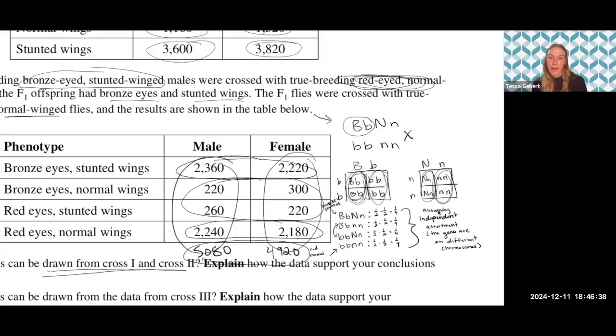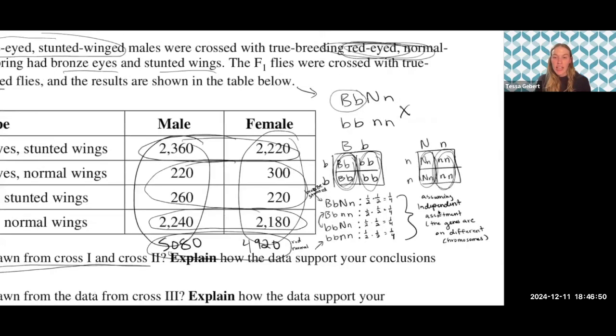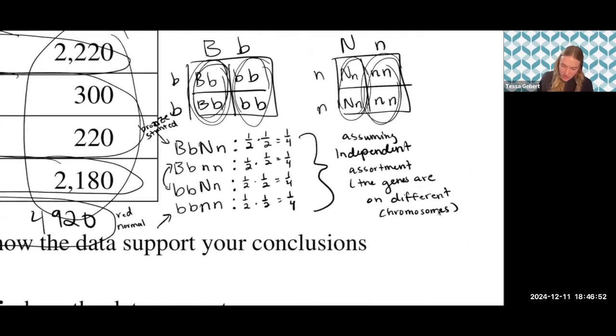So since my expected ratios do not match what is observed here, I have good evidence that independent assortment is not happening, which gives me good evidence that these genes are on the same chromosome. Independent assortment assumes they're on different chromosomes.